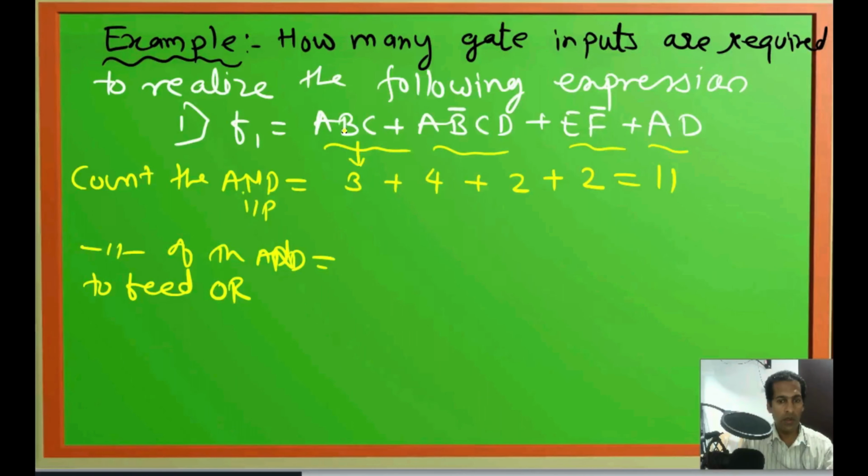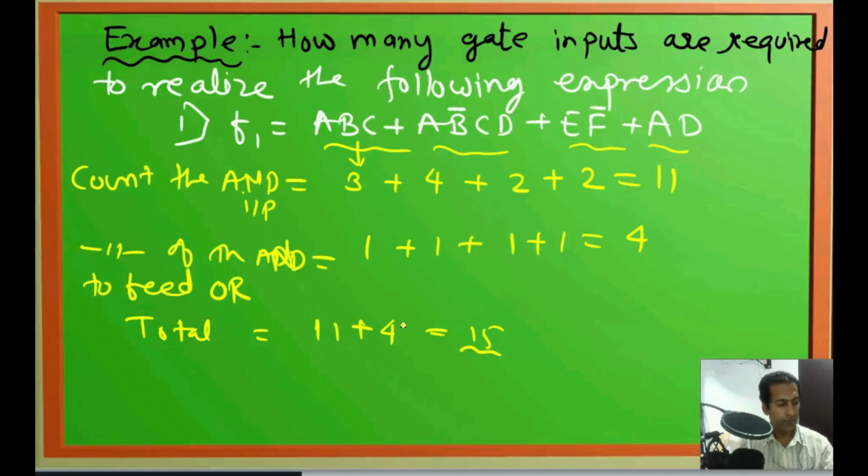For that we require one gate for ABC, one gate for A B bar CD, one gate for EF bar, plus one gate for AD. Total 4. So the total is 11 plus 4, that is 15. So these are the total number of gate inputs we require.